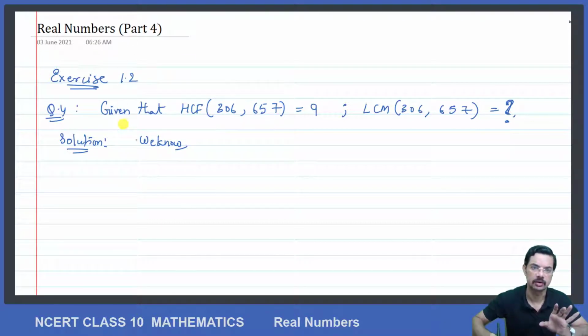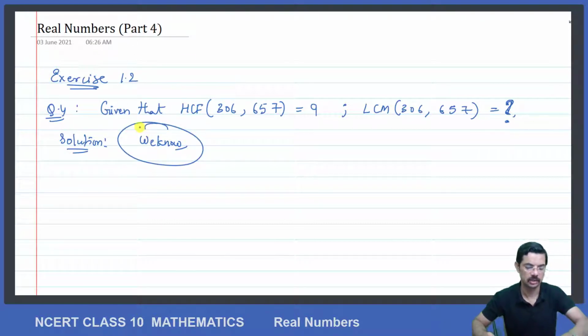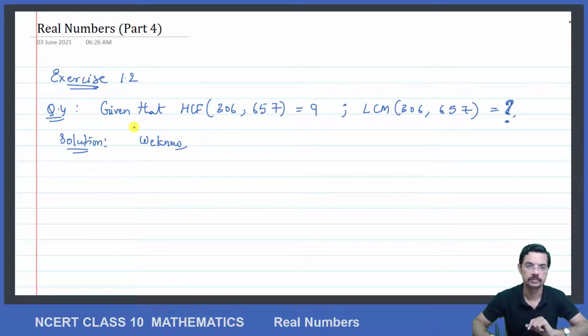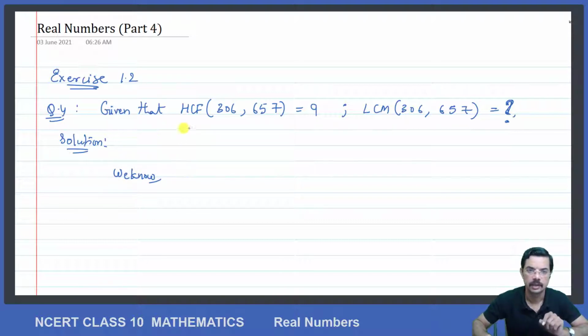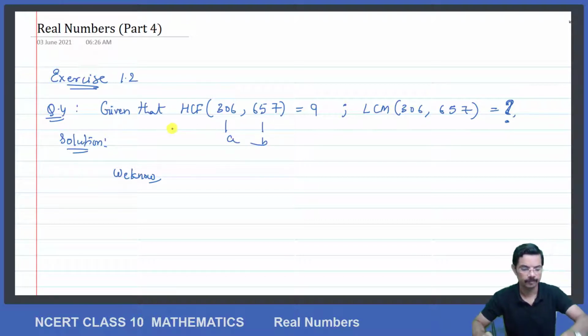Which numbers do we have? A and B, two numbers whose HCF and LCM are being calculated. This is A and this is B. So let us write that first.